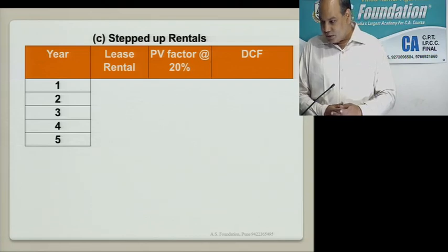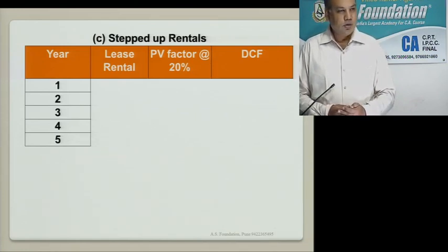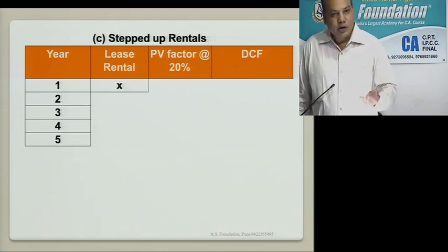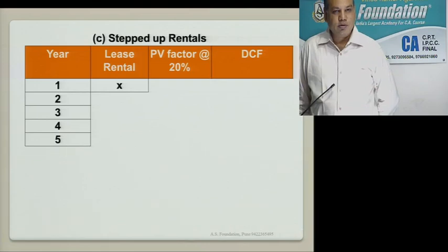Solve year 1, 2, 3, 4, 5. Lease rental, how will you write lease rental? First year you write down X. Then 10% more than previous year, so it will be 1.1x.